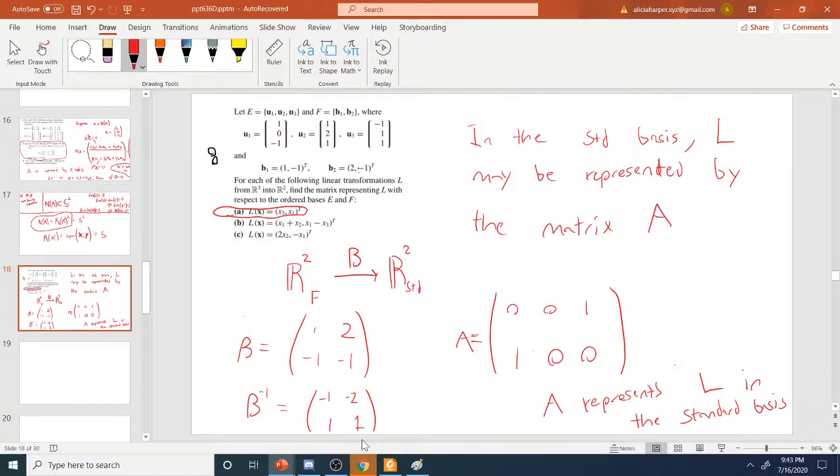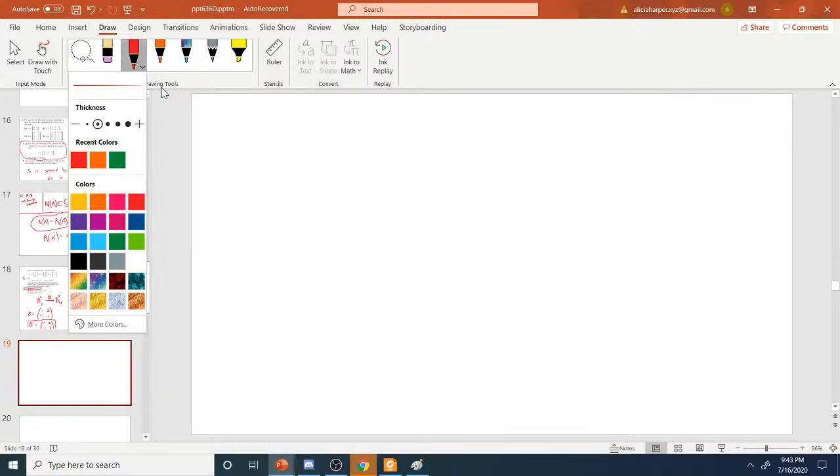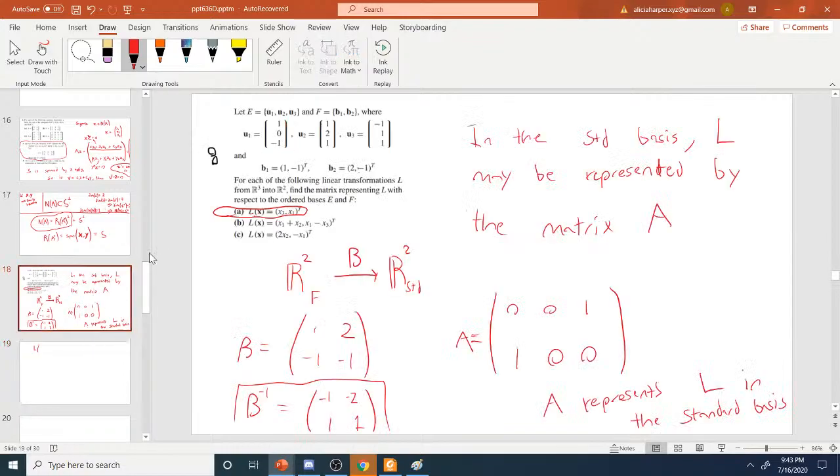So let me explain how I can use B inverse here to solve the problem of expressing L in terms of the basis E and F. So here's what I can do. I can compute L of U1, U2, and U3.